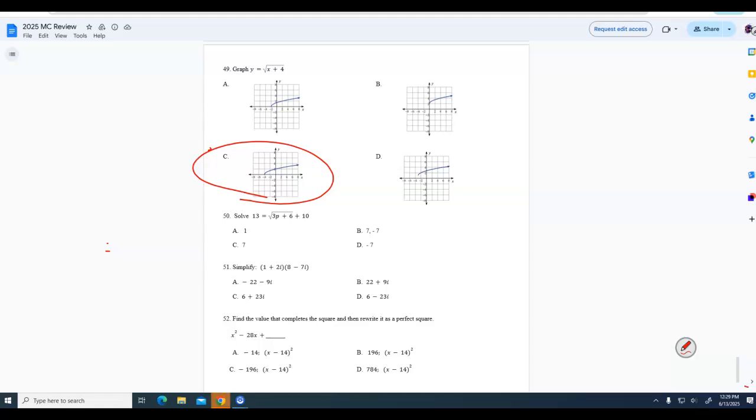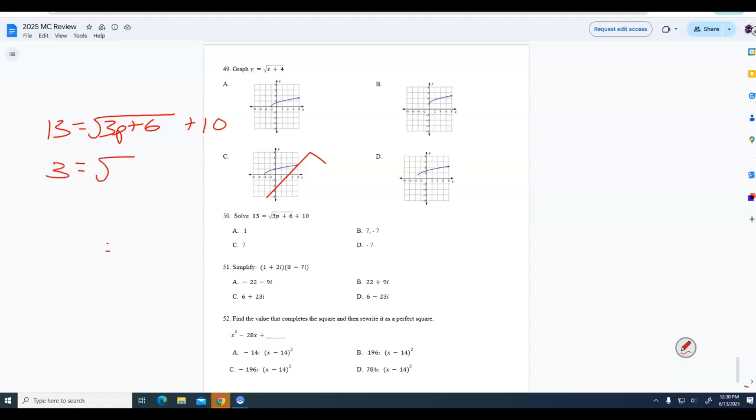Number 50, we're solving for P. So 13 equals the square root of 3P plus 6. Oops. Let's try that again. 13 equals the square root of 3P plus 6 plus 10. We subtract 10, we get 3.